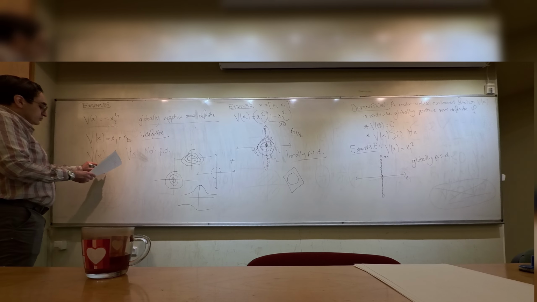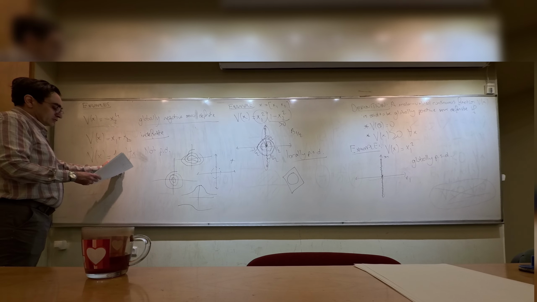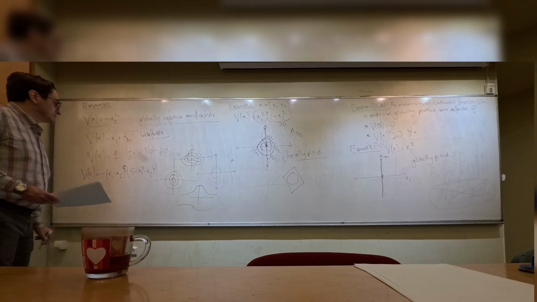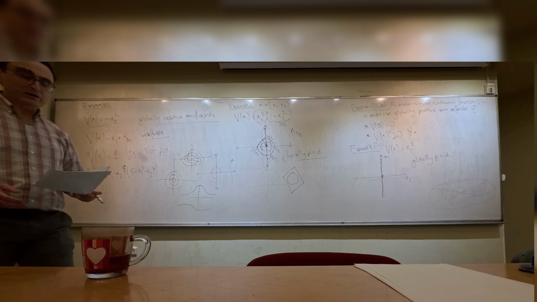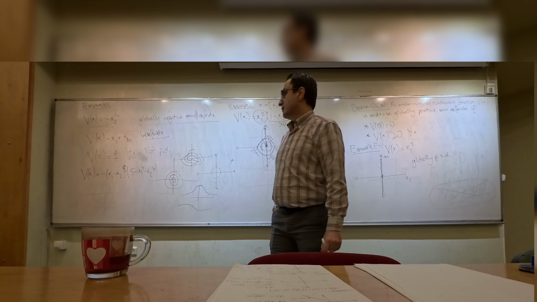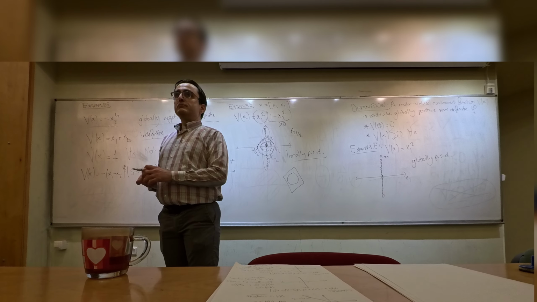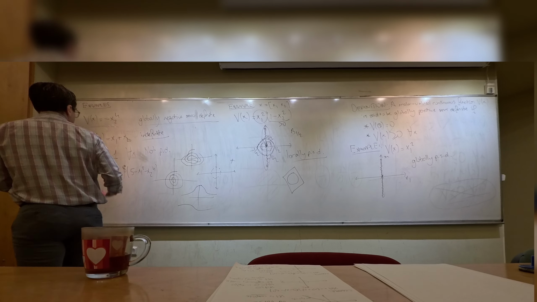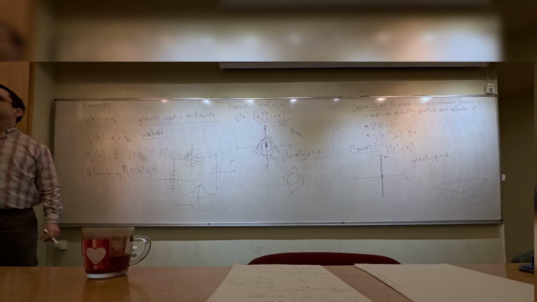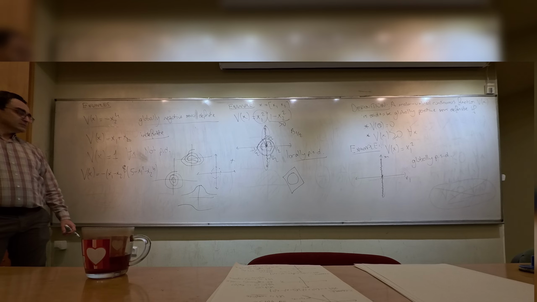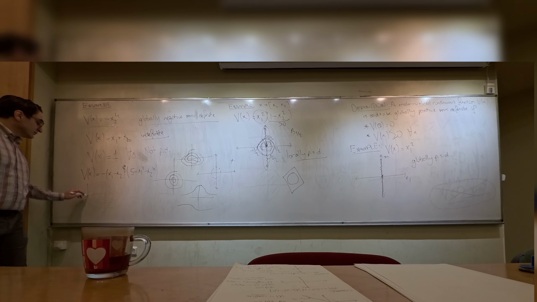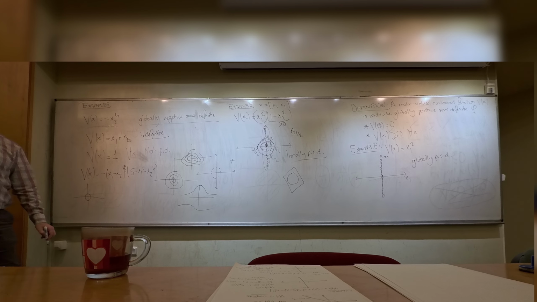V of x is equal to minus (x1 minus x2)^8 times (5 minus x1 squared minus x2^4). What can you say about this function? Globally it is indefinite. But what can you say in a small ball around the origin?